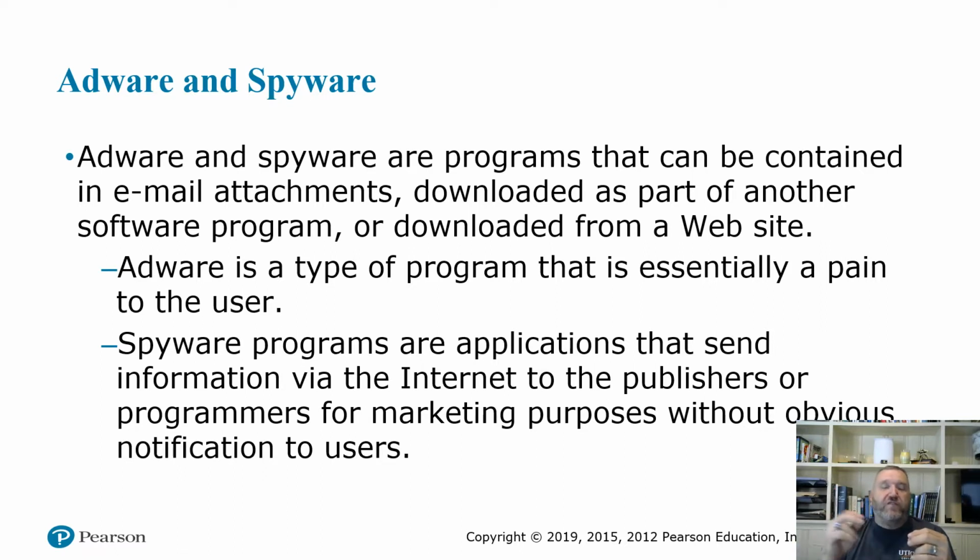Spyware applications are different. A spyware application sends specific information back to publishers so that they can market to you. Where adware is kind of personal, on your computer, and tracks you, spyware tracks a lot of people and forms groups so that we can micro-target groups of people.